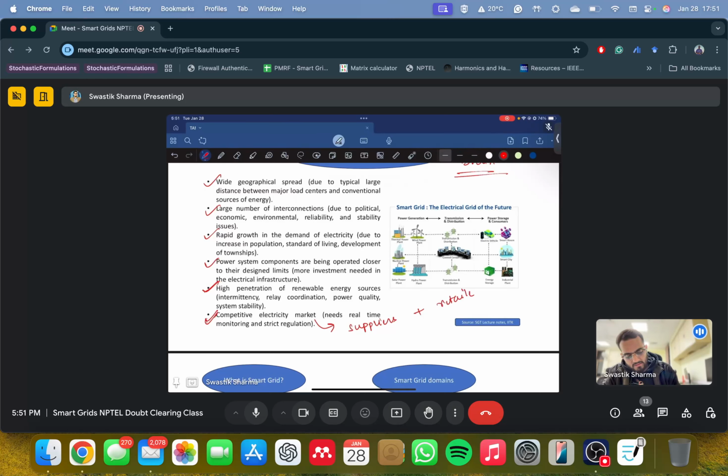So your retailers come and say, okay, I want to consume this much electricity at this rate. Suppliers say, I want to supply this much electricity at this rate. And there is this price discovery, right? So this is MCV and this is MCP. This is market clearing price, this is market clearing volume.